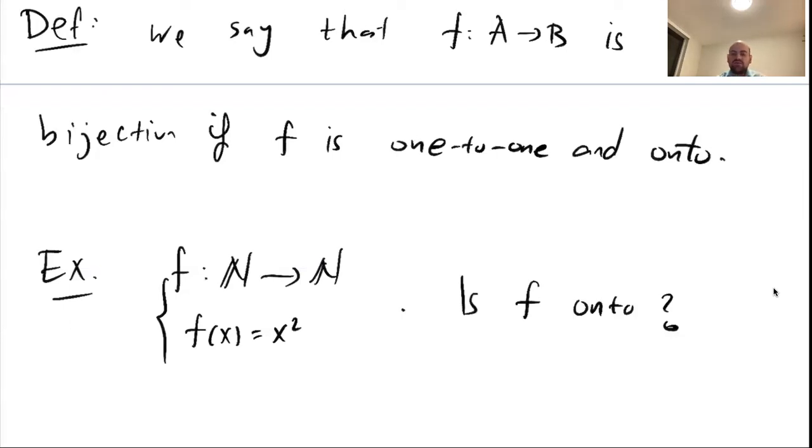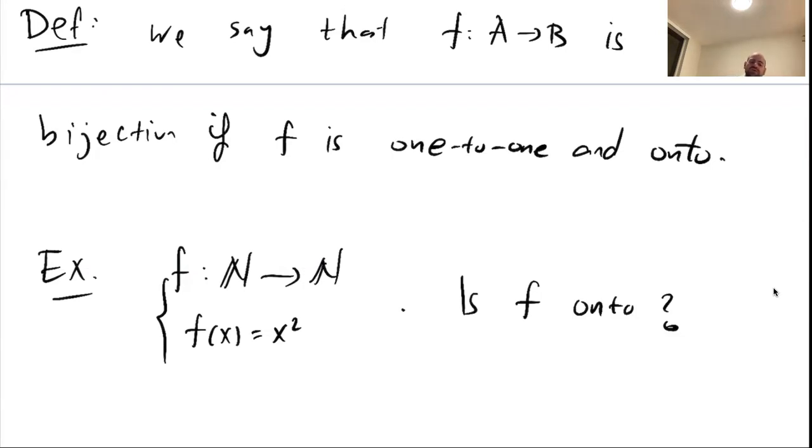Is the range the same as all natural numbers? Range is the set of all outputs. What are the outputs here? 0 squared, which is 0, then 1 squared, which is 1, 2 squared, which is 4, 3 squared, which is 9. So 0, 1, 4, 9. These are the outputs. Is it the same as the whole codomain, which is all natural numbers? The answer is no.